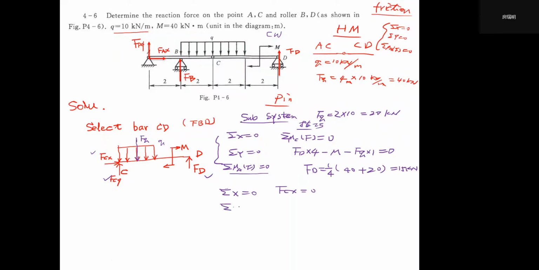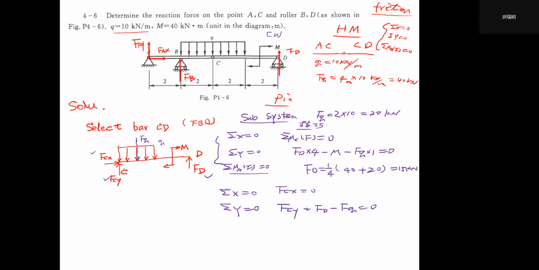When we use sigma y equals 0, we will have FCY plus FD minus FQ equals 0. Here you should remember that when we write this kind of force equation, we do not need to consider these couples, because a couple has no effect on sigma x and sigma y.